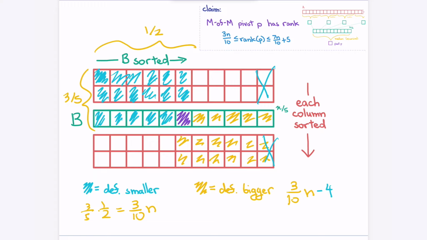If array A is randomly organized, how can we put it inside a square? So this is only for the proof that I've sorted things, so it's easy to visualize the 3n/10 that's smaller and the 3n/10 that's bigger. Does that mean you have to sort all medians? The median of medians, how do we get it? Recursion. So we don't have to sort it.